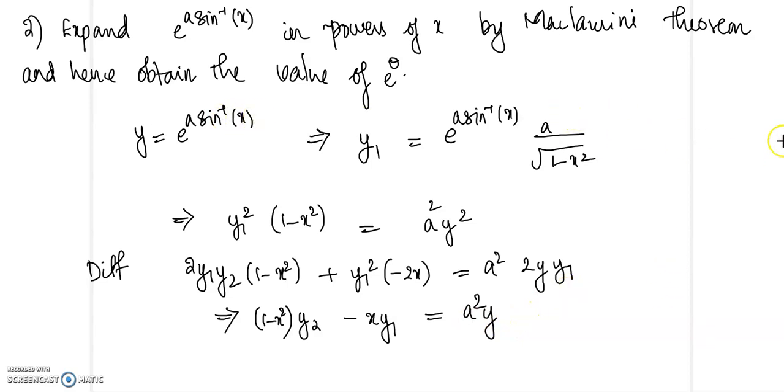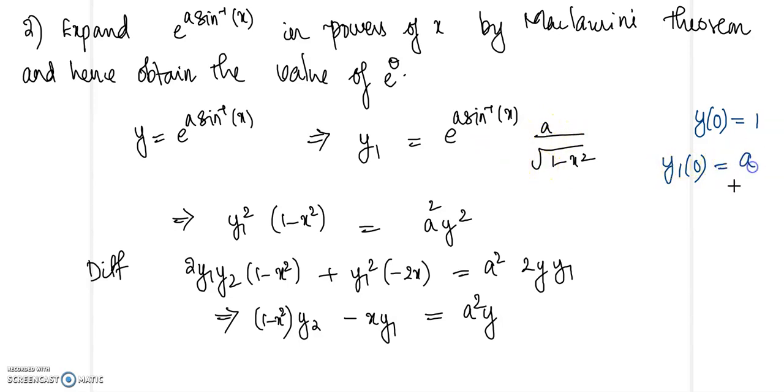Now let us calculate the derivatives also. So here we need y at 0. y at 0 is e raised to a sine inverse of 0, which is 0. So e raised to 0 will come, e raised to 0 is 1. Now y1 at 0. So this is a into 1.